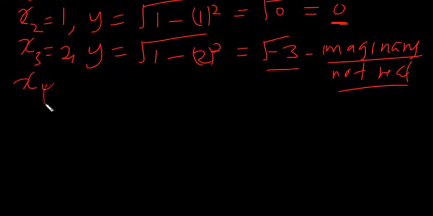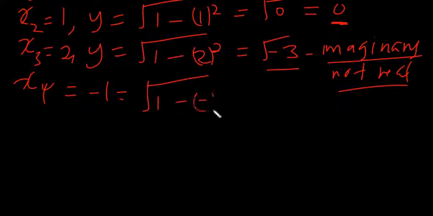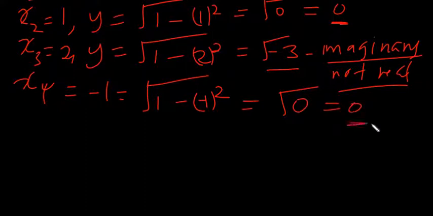If we take x4 to be negative 1, let us go on the negative side. It will be root of 1 minus negative 1 squared. This will give you root of 1 minus 1, so root 0, which is 0. These are still real numbers, so it is defined at x equals negative 1, that's the domain, and y equals 0.